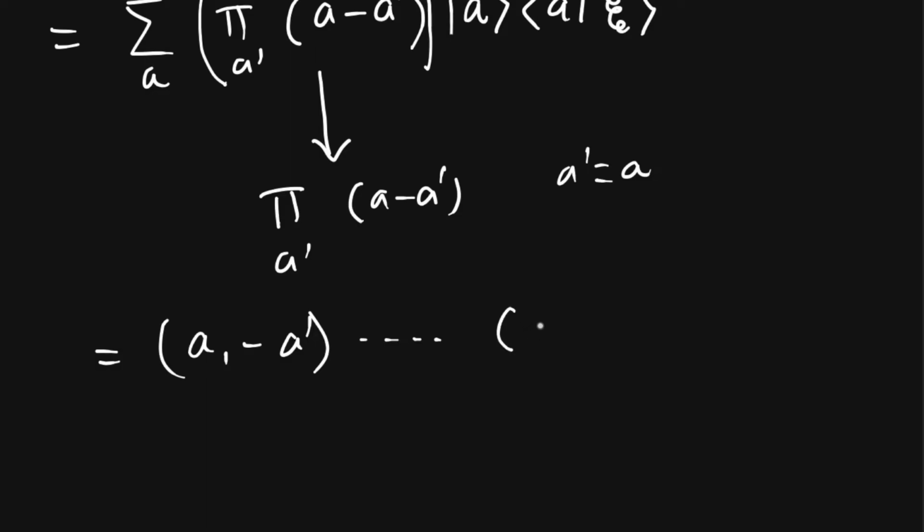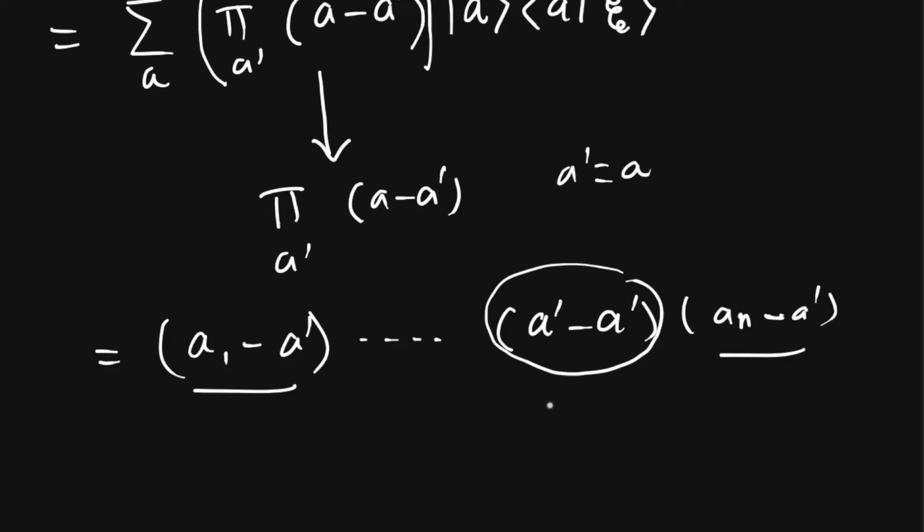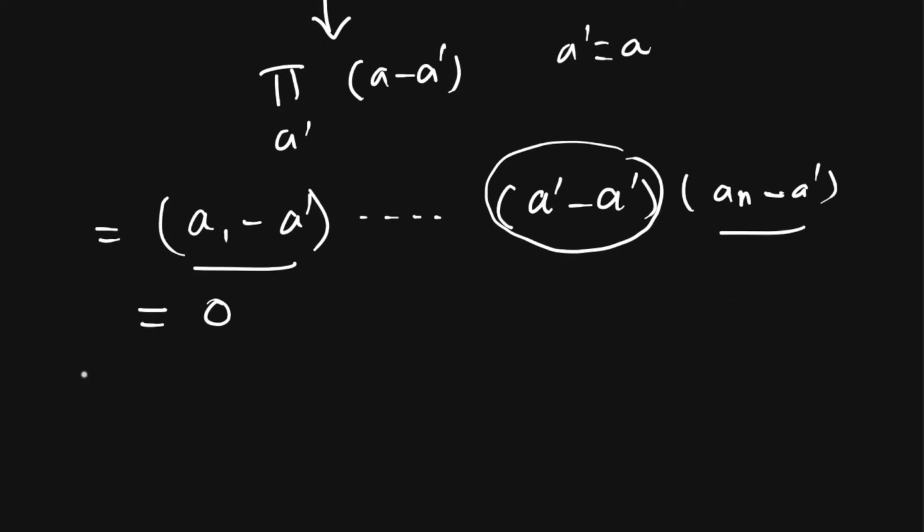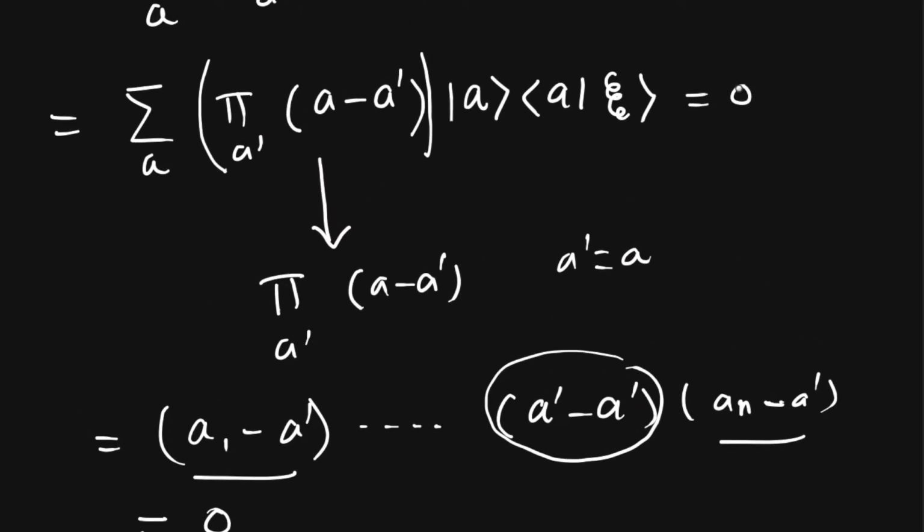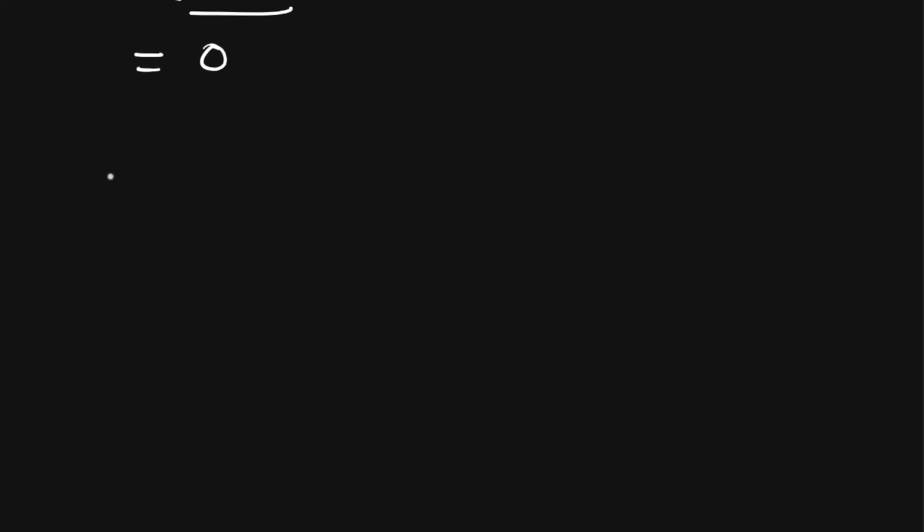At some point we'll get (a' - a'), times again (a_n - a'). These are not equal to zero, but sometimes we'll get this term (a' - a'), which is 0. That means this whole product will become 0. Every time we will get 0 for any value of a. That means this sum will become 0. That means this product over a' of (A - a') is a null operator.